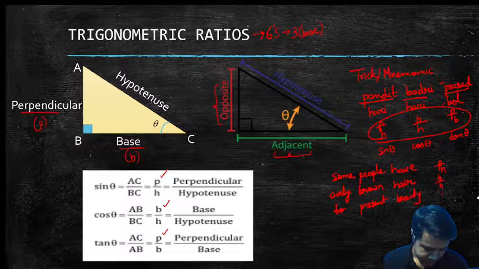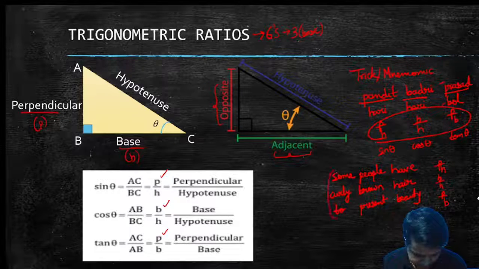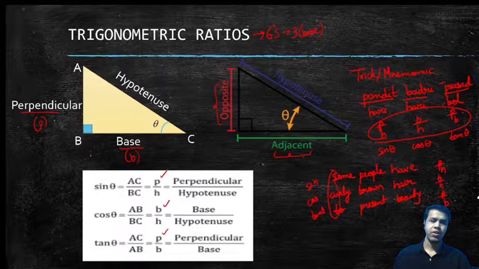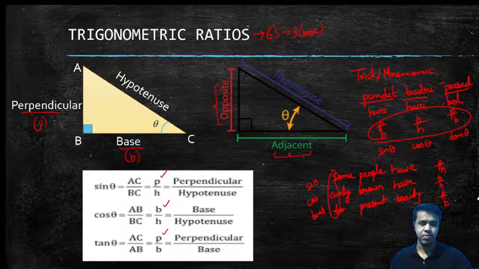The only difference is that we also get SCT, which denotes sine, cos, and tan. So if you remember this trick or mnemonic, then you can remember the formulas.